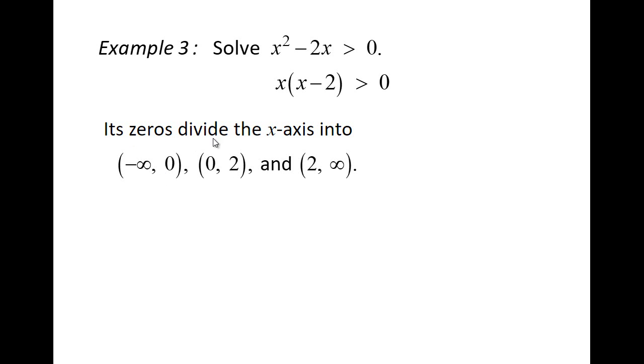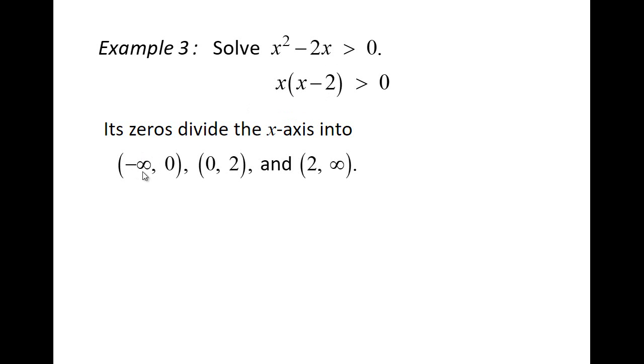So let's figure out the sign of the polynomial in the first interval here. Well, in this interval, I have the point -1. So if x is -1, what is the sign of the function here? I get -1 here, -1 minus 2 would be -3. So I get -1 times -3. Well, that's positive. So I see that this function is positive when x is -1.